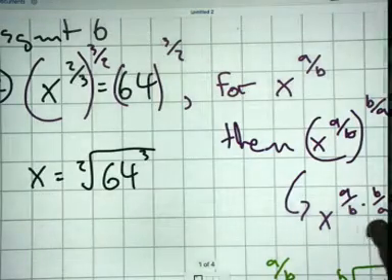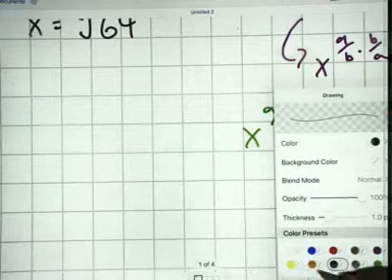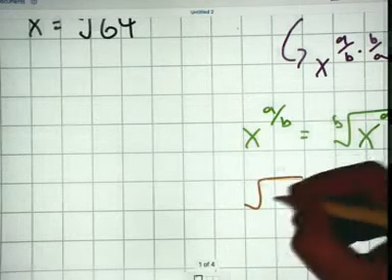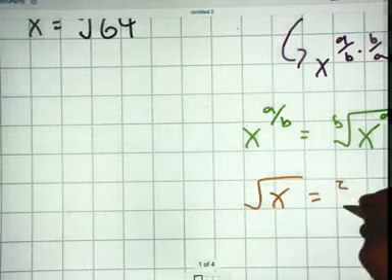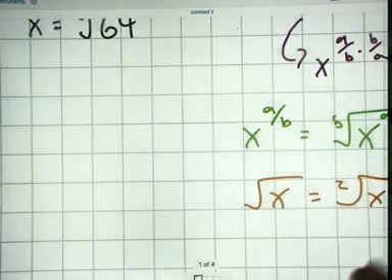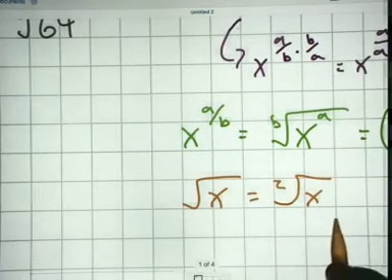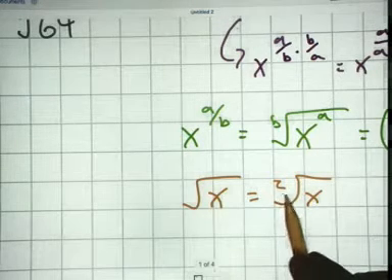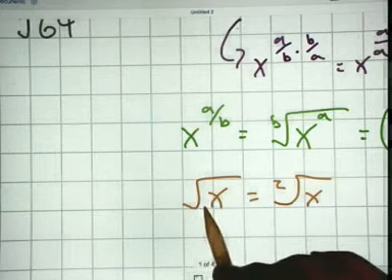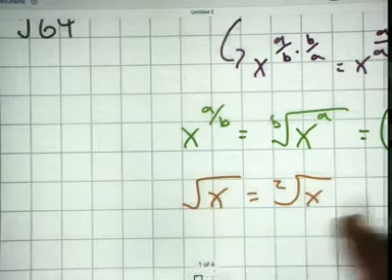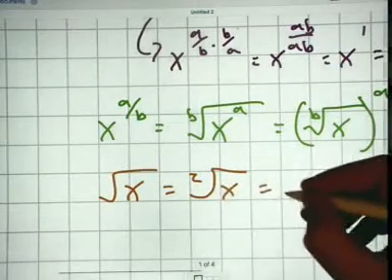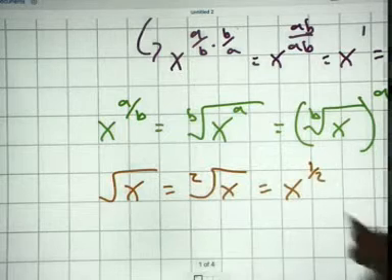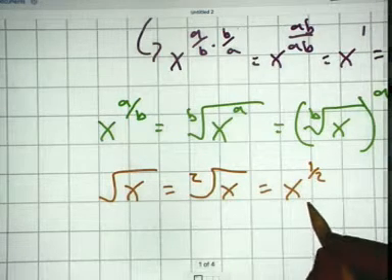Now, because 2 is the index, I guess I should write another note down here. The square root of x is equivalent to, we don't write this, whenever you have a radical with an index of 2, we just interpret that as the square root of x. The reason is this is equivalent to x to the 1/2 power. So x to the 1/2 power is equivalent to the square root of x.